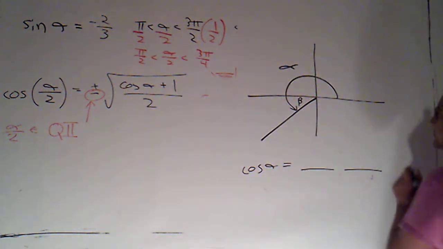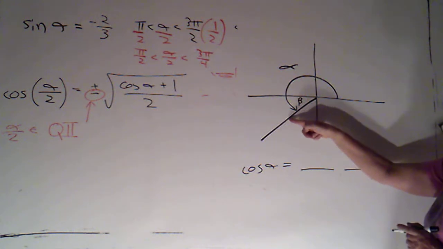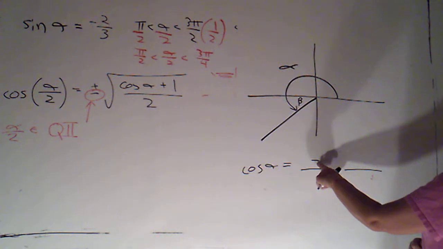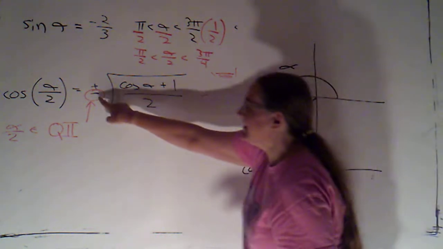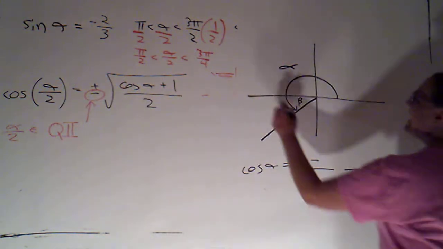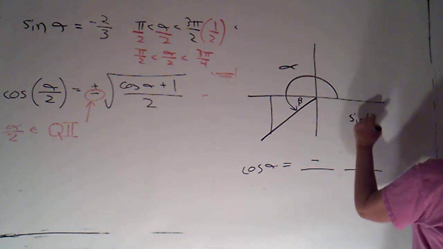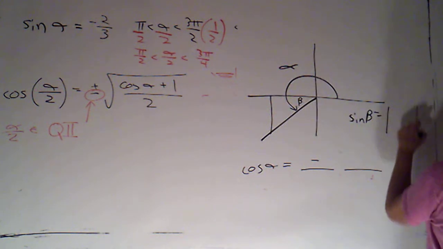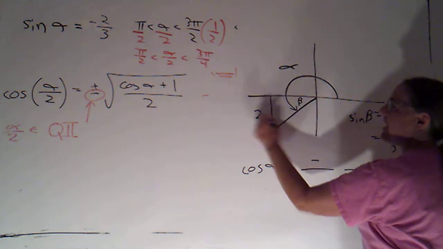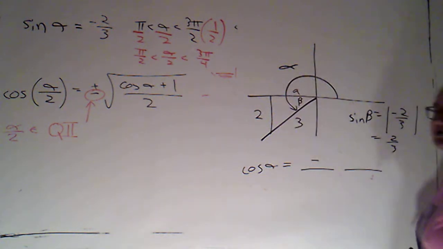Okay, and so we're trying to evaluate cosine of alpha. That's going to be our usual two-step process. Now, alpha is in quadrant 3, where cosine is negative. So this negative sign is because we're in quadrant 3. This one was because this angle is in quadrant 2. Then what I know about beta, my reference angle, is that sine of beta is the absolute value of negative 2/3, which would just be 2/3. So I'll label the opposite side 2, the hypotenuse 3, and I'd like to solve for the adjacent side.